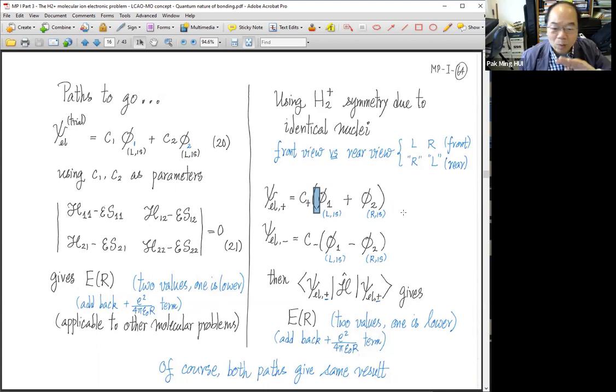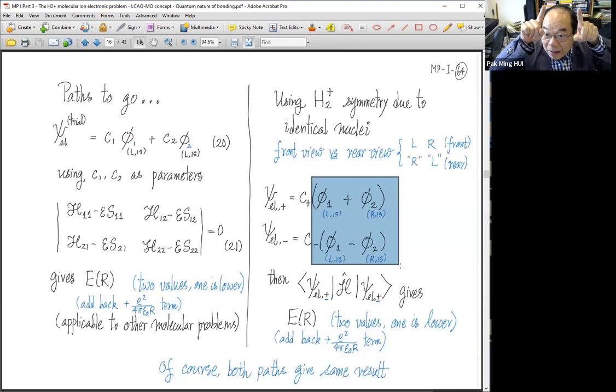So one is plus, one is minus. Therefore, I took out the common magnitude, and then there is a minus combination. And these two combinations preserve the symmetry of the probability, I mean, the wave function squared, okay?